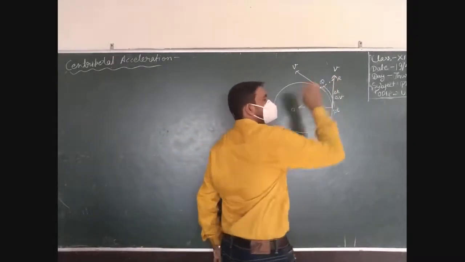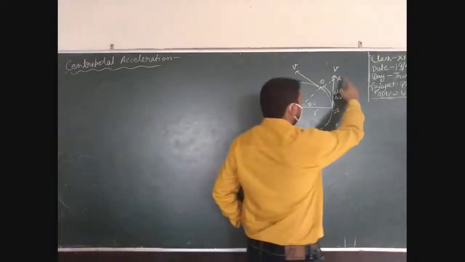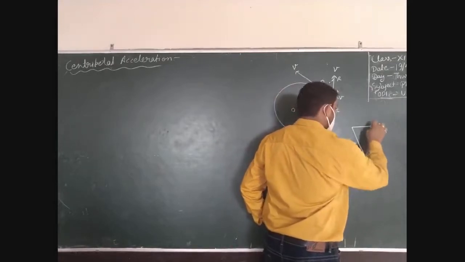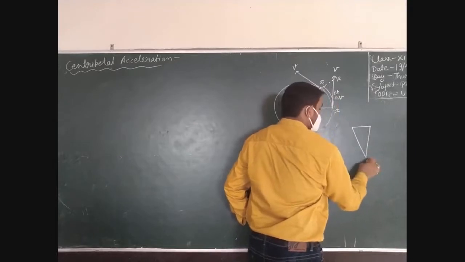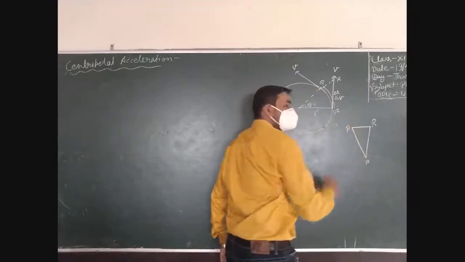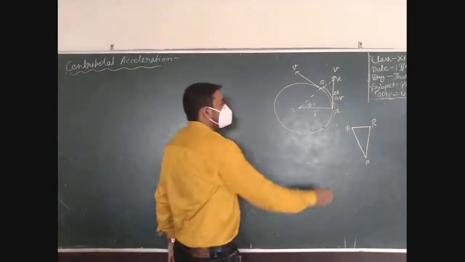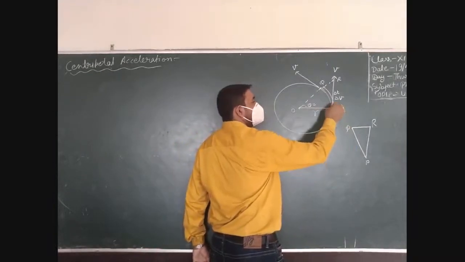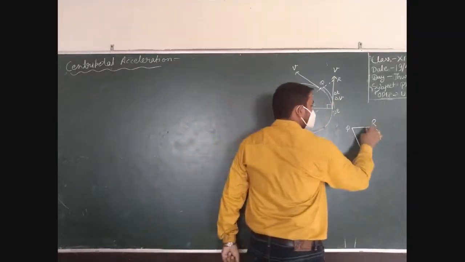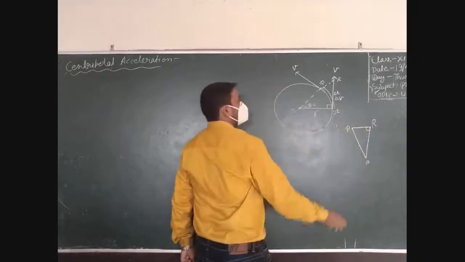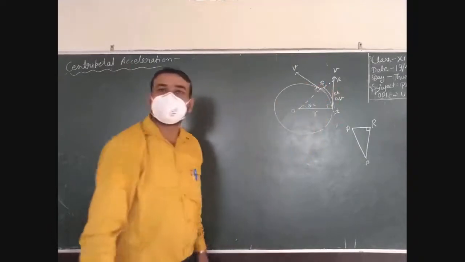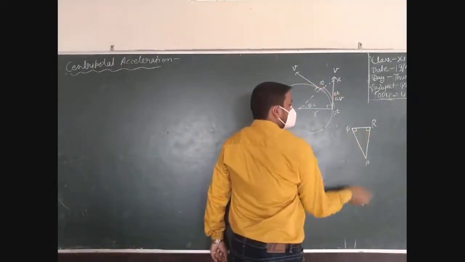Let's say this is R. Now just use this triangle, with point P, this point R, and this other point Q. When we draw the tangent at point P, it is perpendicular to the radius, so this angle is 90 degrees, and similarly at the other point, this is again 90 degrees.